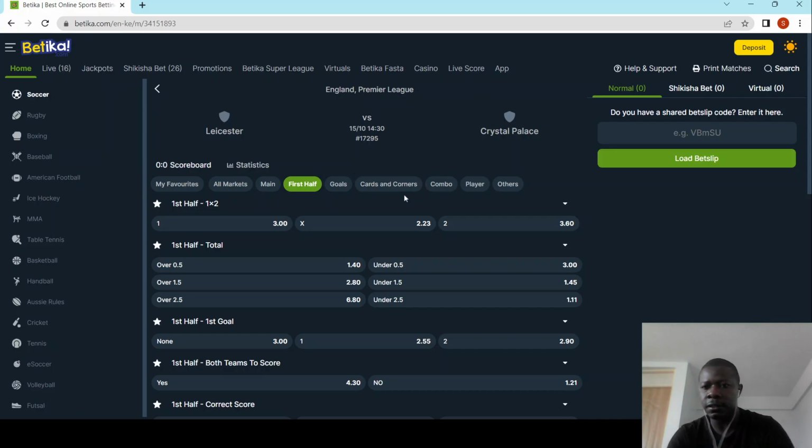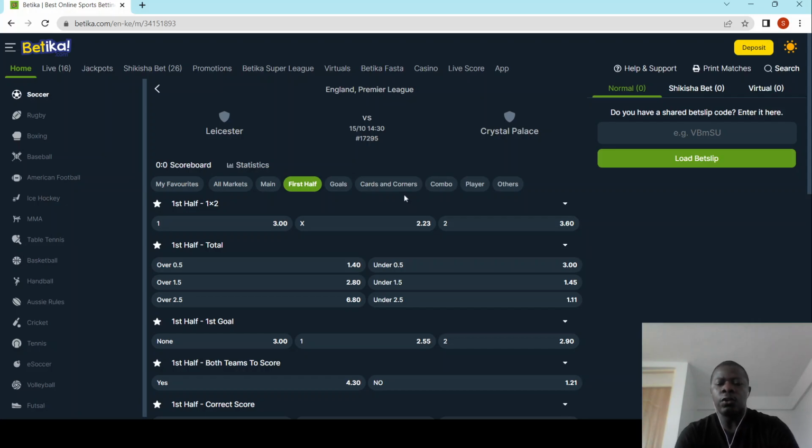We've seen that in many games in the Premier League and also in other leagues. So someone who is very good at looking at the outcome of the first half, and at times in big games, you realize that you can actually see the possibility of having a draw by halftime, and probably another team goes to win in the second half.